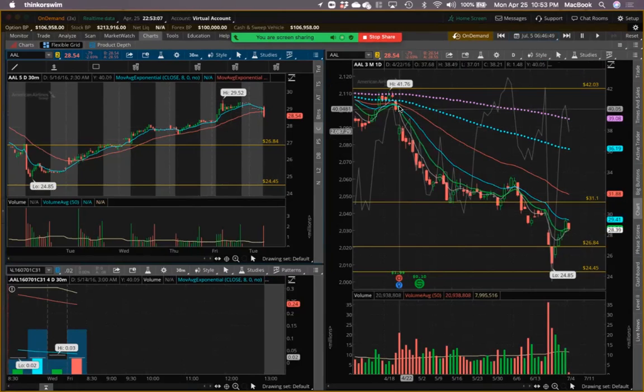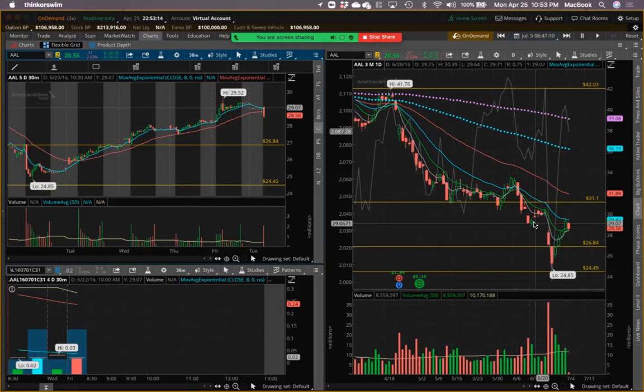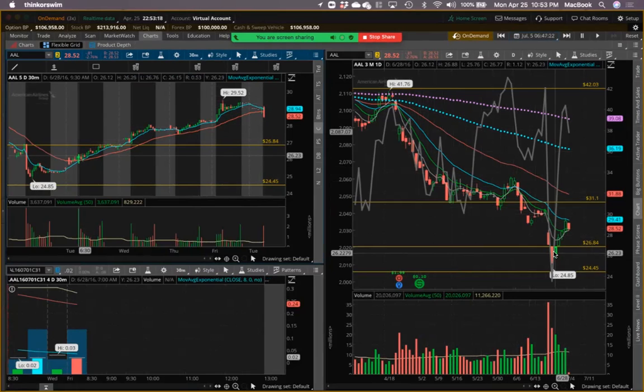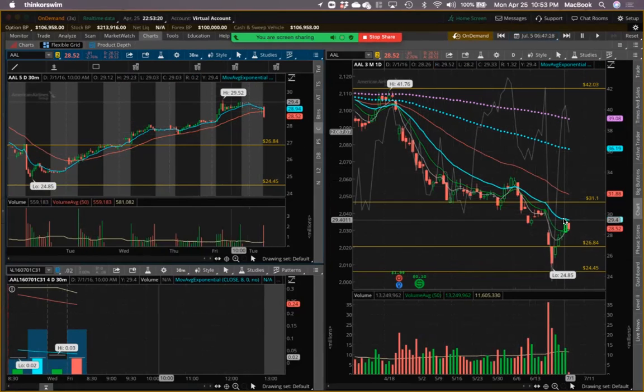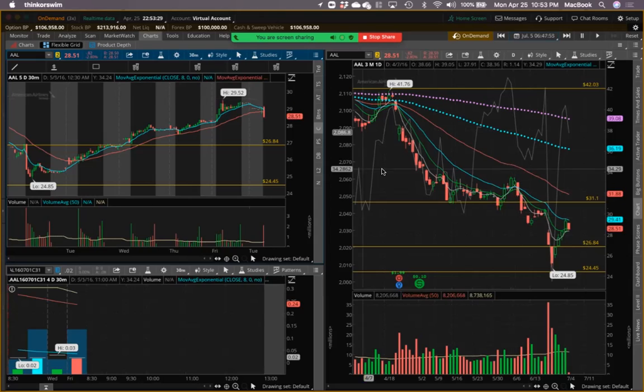And has it done that? Well, it's been riding the 5 down, came up to the 20, broke through it and pinched it, but then broke back down below, came up close to it again, fell off the face of the earth, don't know what that was. Then we came up to the 20, hit it, and it seems to be acting as resistance. So that's on the daily chart.